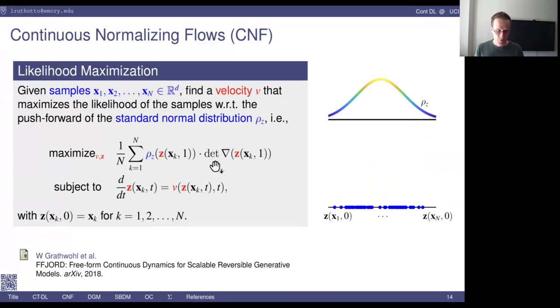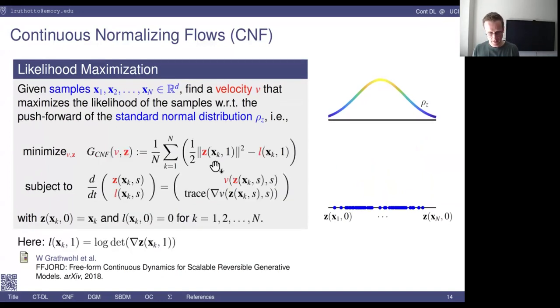But the nice thing is, when you go to the log density and define the coordinate change through this ODE, the log determinant is just given by the integral of the trace of the Jacobian of the velocity. So this is a nice simplification. The velocity is represented by a neural network. If you can compute the Jacobian and its trace, you just integrate this within your ODE solve. You initialize this with 0, and then you integrate it.